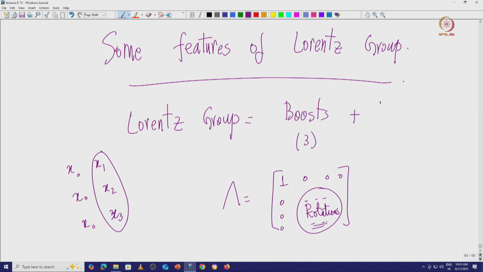So a rotation group between the 3 space directions. But the Lorentz group doesn't stop here. It is such a rich structure, which is very nice and interesting.